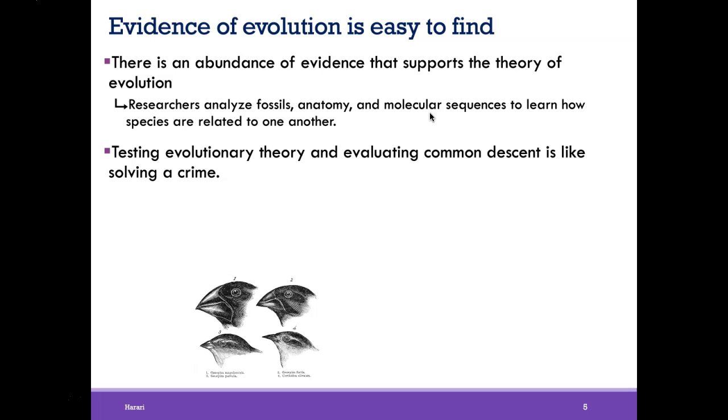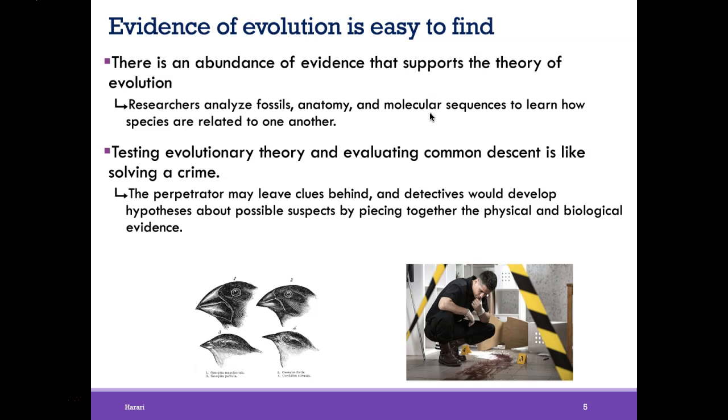It's important to know that there's no way to get a 100% clear picture of what took place on Earth over the past billions of years. Testing evolutionary theory and evaluating common descent is kind of like solving a crime. We have to piece together the evidence that we do have and try to make a story out of it.